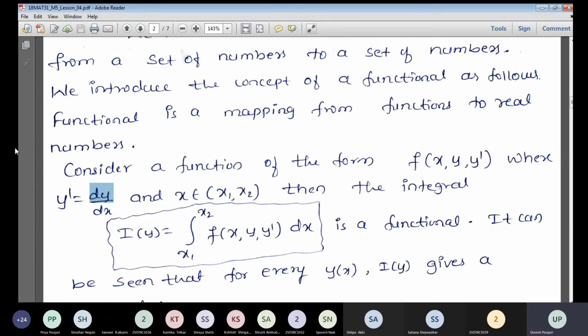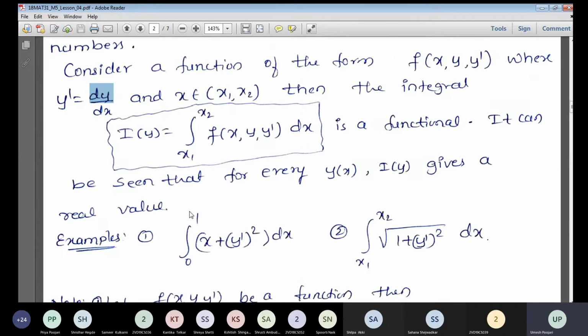Then the integral I of y equals the integration of this function f of x comma y comma y dash between x1 and x2 with respect to x. So this type of definite integral is called a functional.